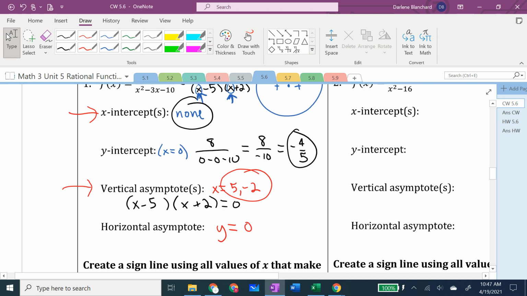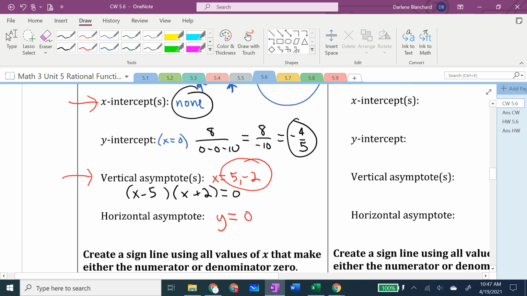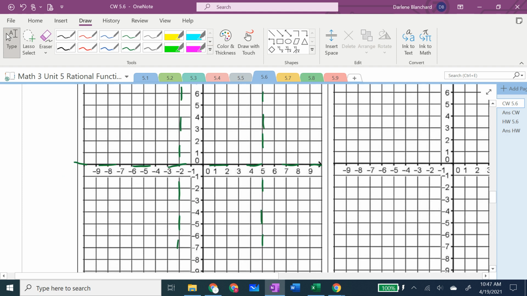As far as x and y intercepts, I only have a y-intercept of negative 4/5. And let me tell you that if you don't have any x-intercepts, you absolutely cannot cross this horizontal line. You're on one side or the other side.